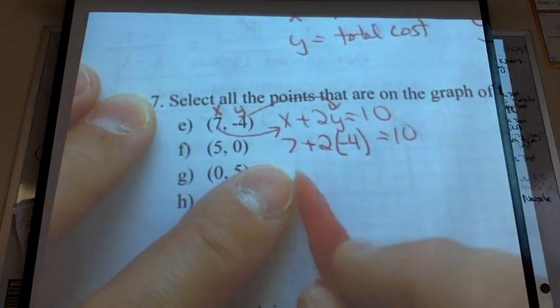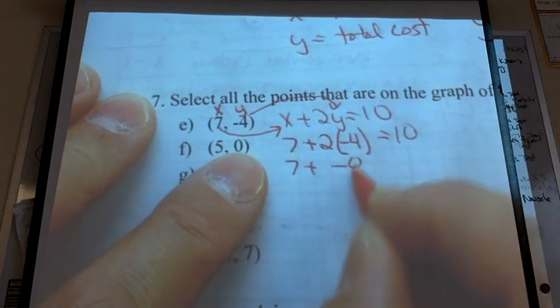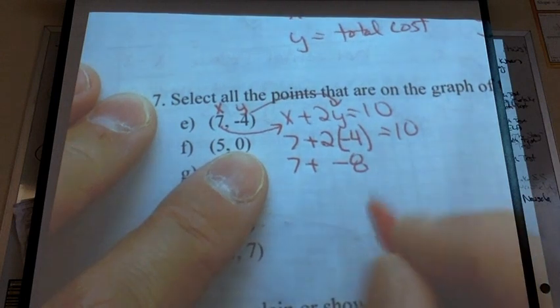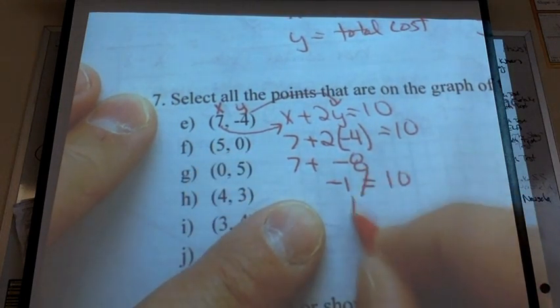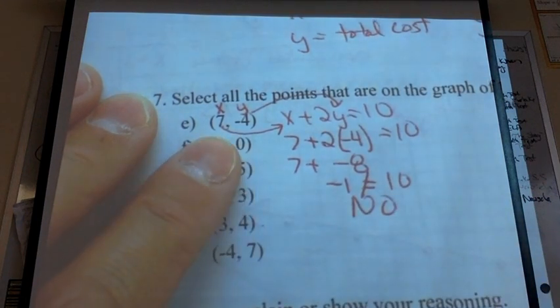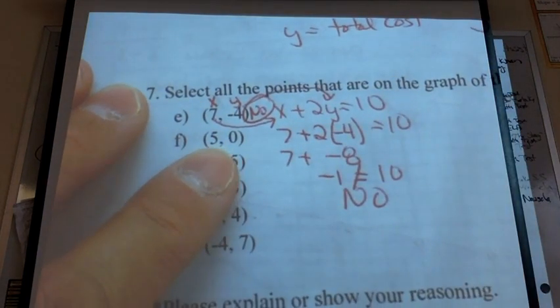We'll see if this works out. 7 stays the same. 2 times negative 4 is negative 8. 7 plus negative 8 would be negative 1. Does negative 1 equal 10? No, it does not. So we know our first one, E, does not work. We're going to have to test each one of these out.